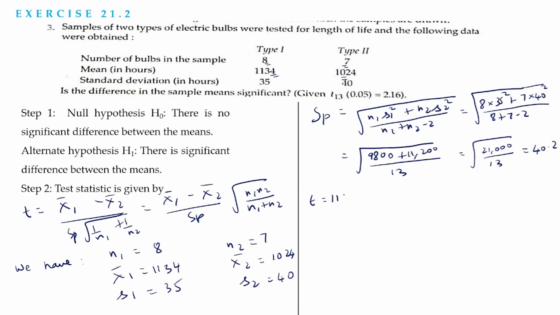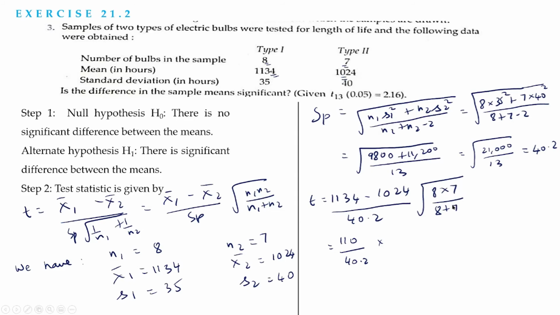So 1134 minus 1024 upon 40.2 into root of 8 into 7 upon 8 plus 7. So this is equal to 110 upon 40.2 into this 56 upon 15.